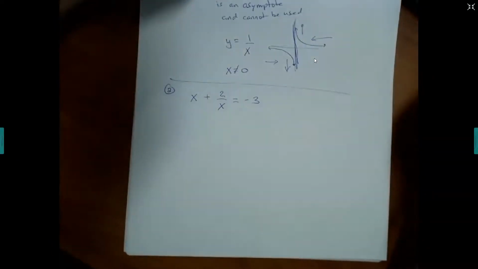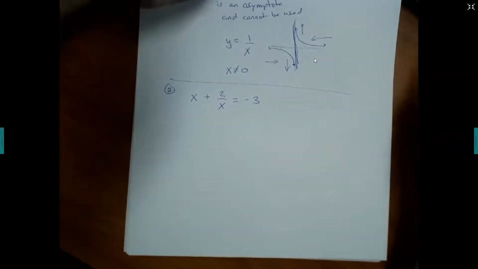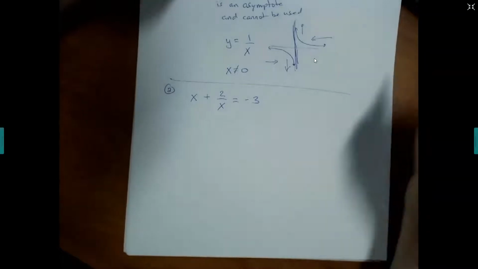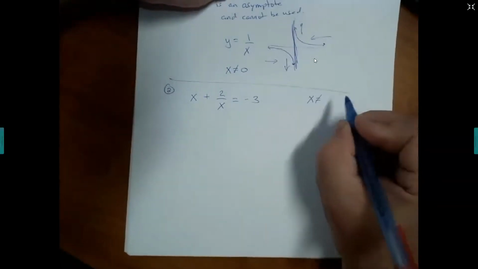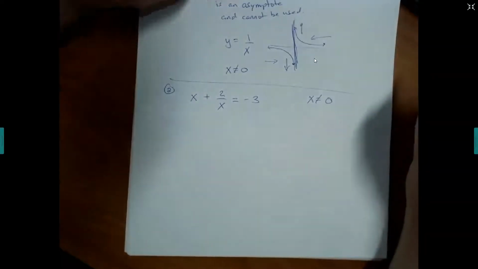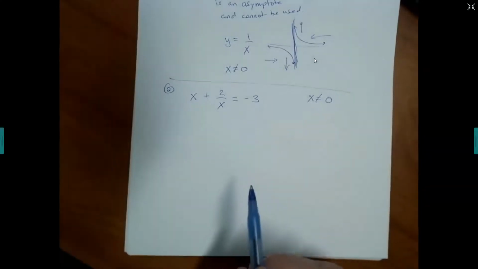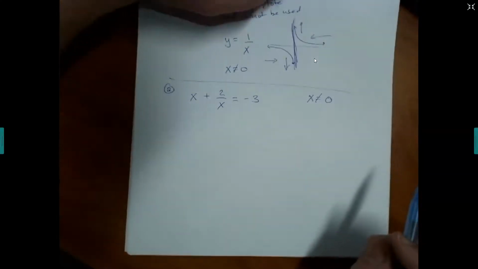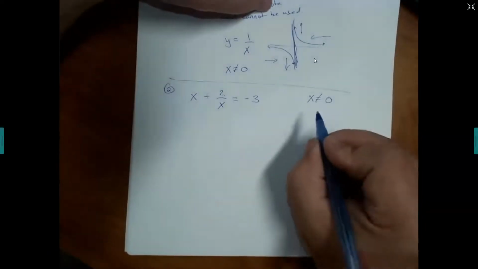Remember, whenever you have fractions in an equal sign, always repeat the same process. First off, what can x not equal in our equation? 0. So 0 cannot be an answer for our question because it'll make it undefined. It's an asymptote.